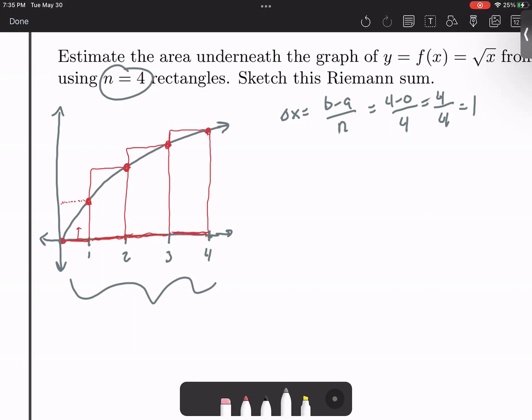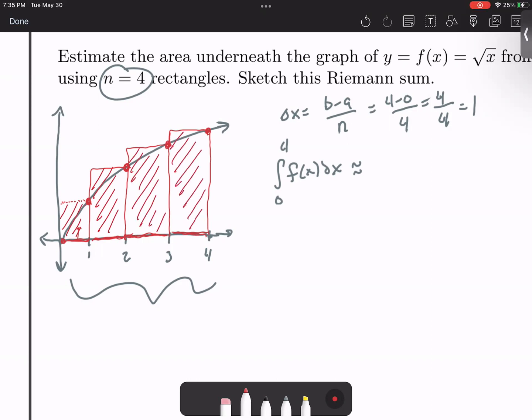Okay. So the area between 0 and 4 of the function f of x is approximately equal to the sum of the areas of these rectangles. All right, you can see that it's not a perfect approximation, and it's going to be an over approximation because of all this extra area that we're getting.